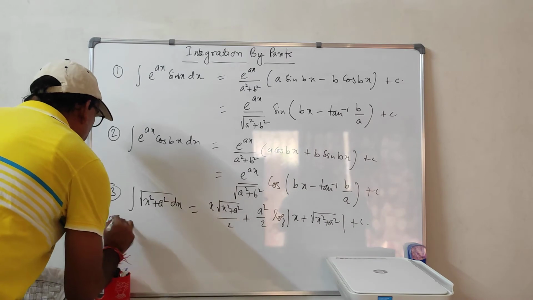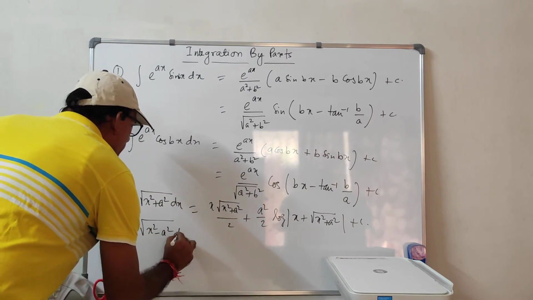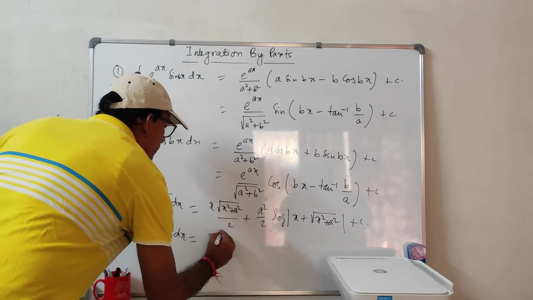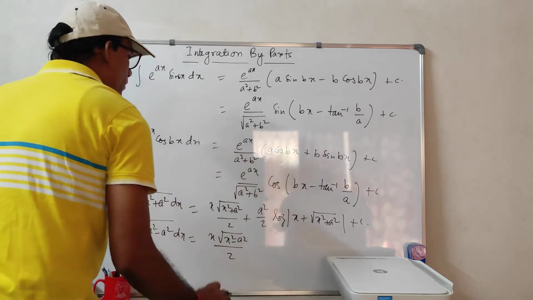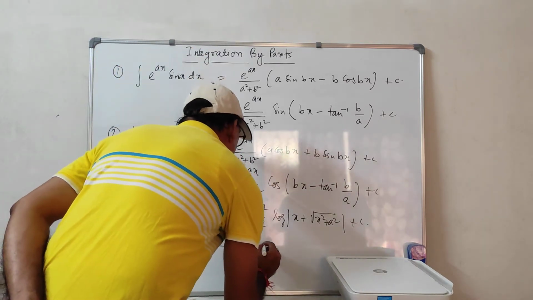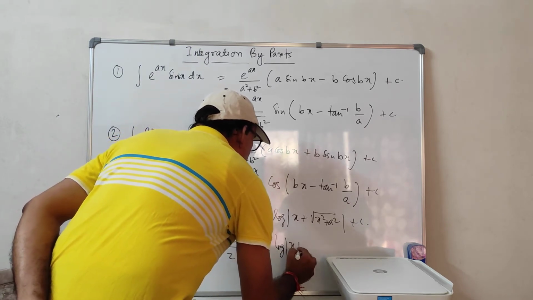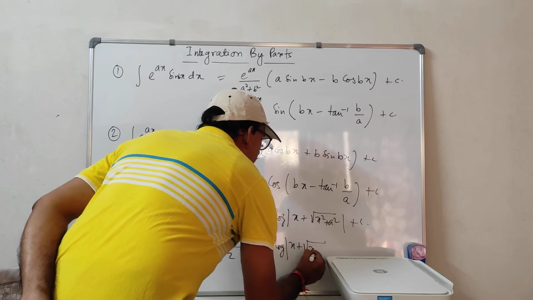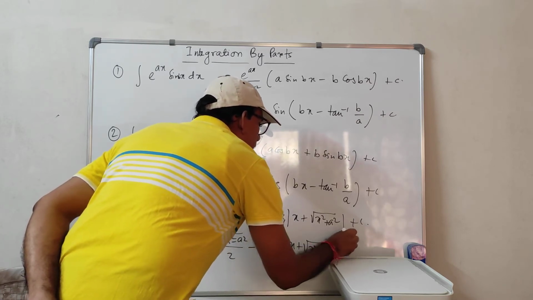Number 4, integration root over of x square minus a square dx equal to x root over of x square minus a square by 2 minus a square by 2 log mod x plus root over of x square minus a square plus c.